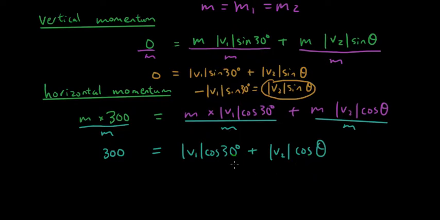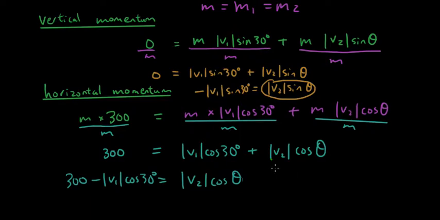Okay, and then I'm going to also rearrange this to give me an expression for V2 cos theta. So I will get V2 cos theta equals 300 minus V1 cos 30. So now I have an expression for the horizontal component of V2.